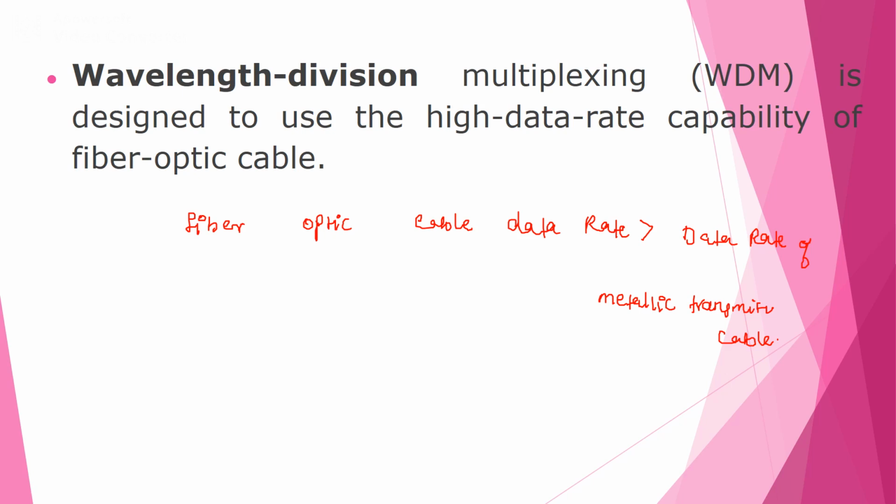Here we can combine multiple light source signals into a single light signal, and that light signal can be transmitted over the link. Once again, across the demultiplexer block, we can get back our original multiple light source signals.